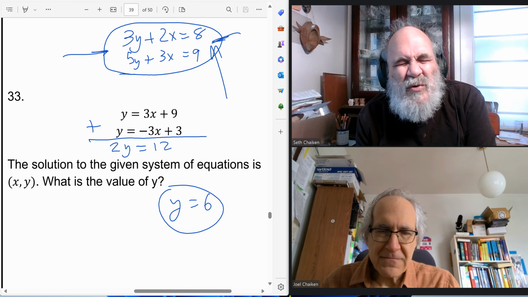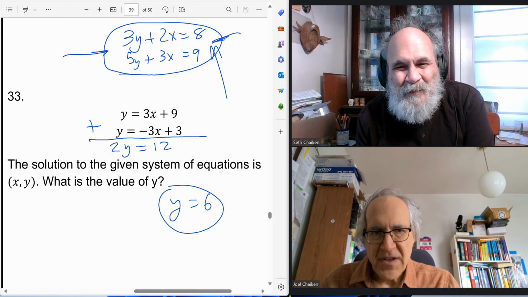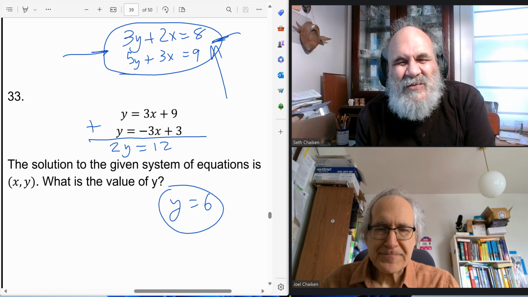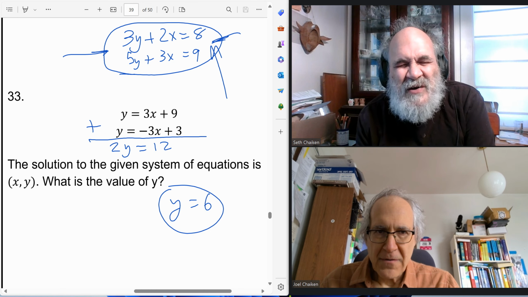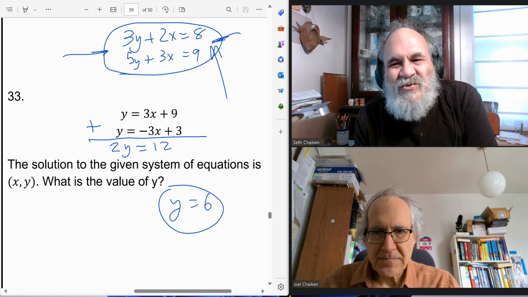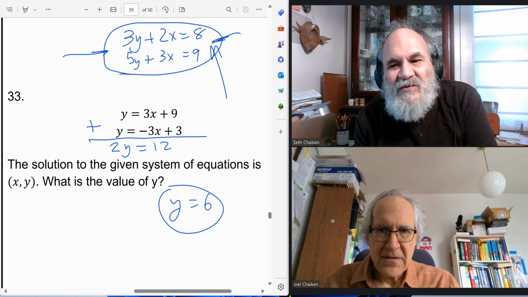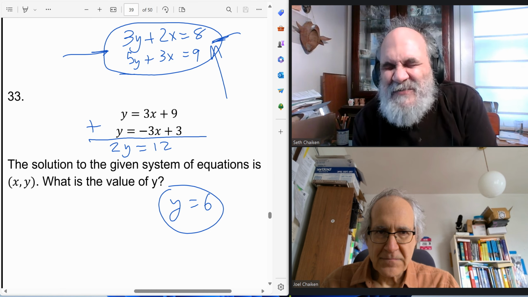How do you do this? If the question is find y, rather than finding both x and y, it's most efficient to find y directly. And the way to do that is by getting rid of x.